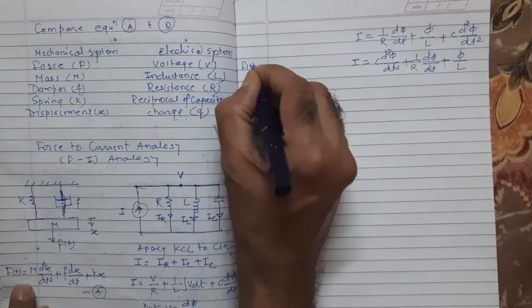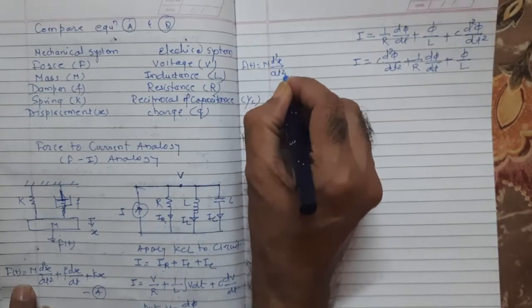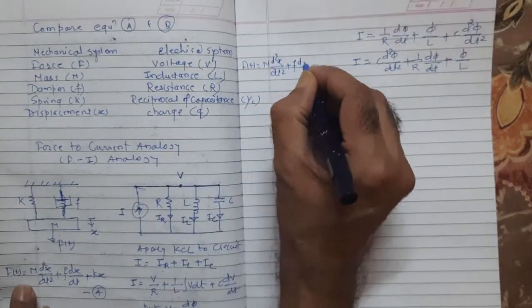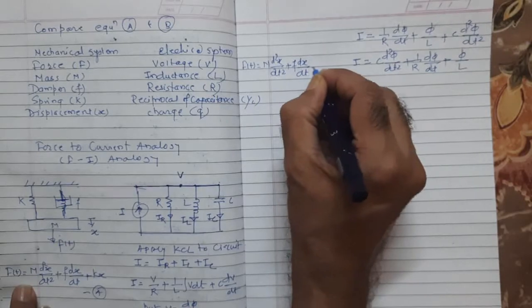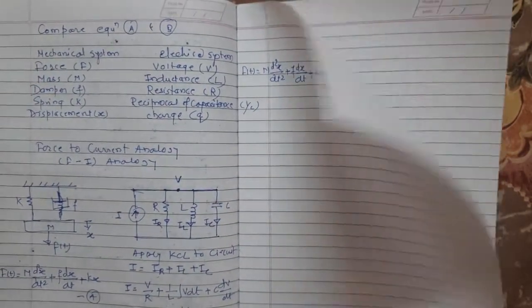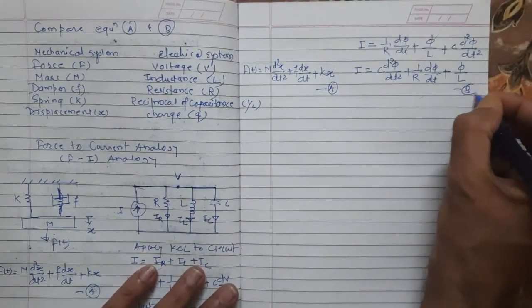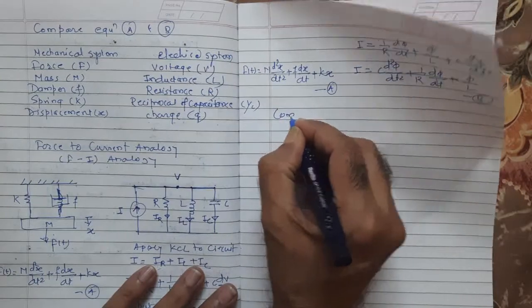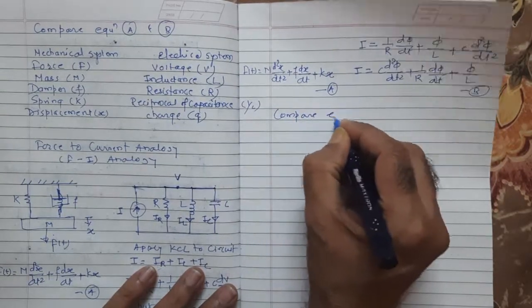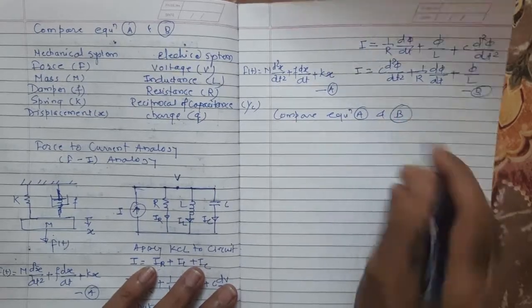F of t equals m into d square x by dt square plus f into dx by dt plus k into x. Now this is our equation A and this is equation B. Compare equation A and B.